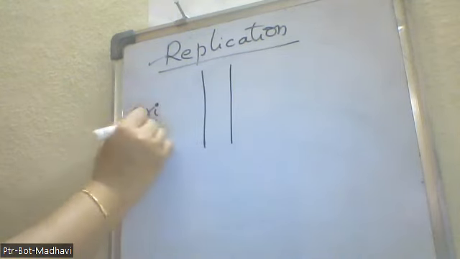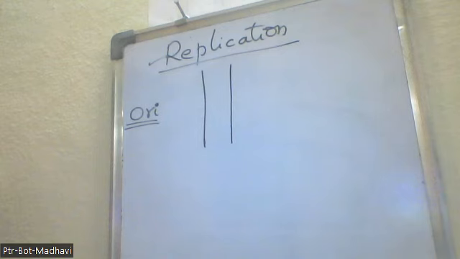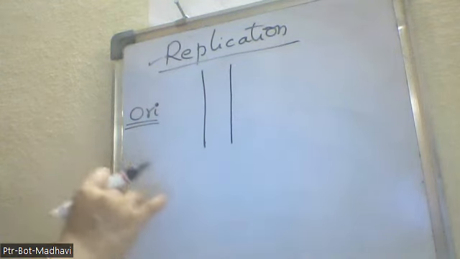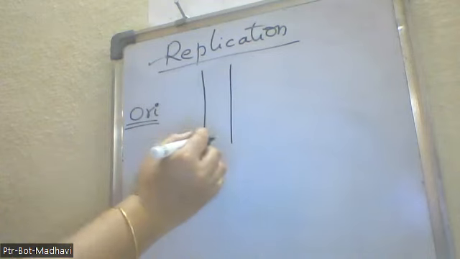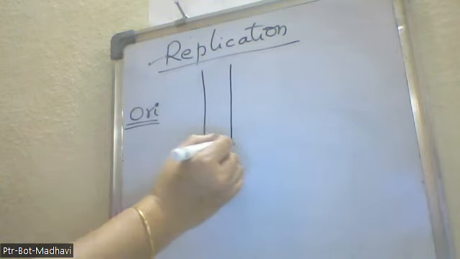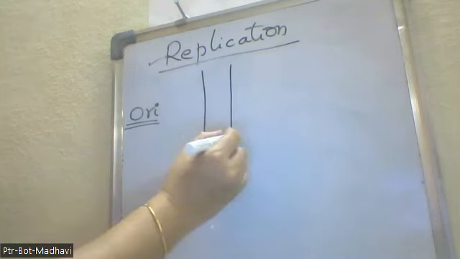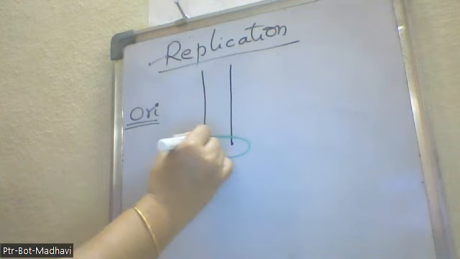ORI site means origin of replication site, and this will be present on the DNA strands. So this DNA polymerase enzyme searches this site on the DNA strand first. Then that will be identified and that part will be occupied with the DNA polymerase enzyme and the RNA primers.